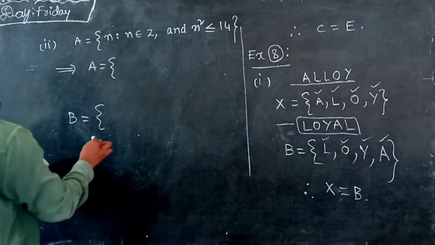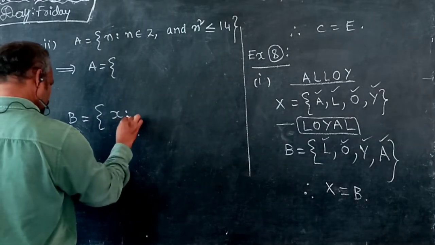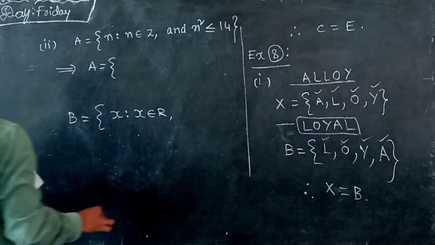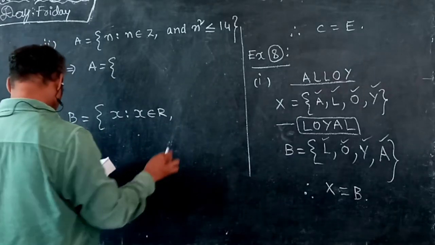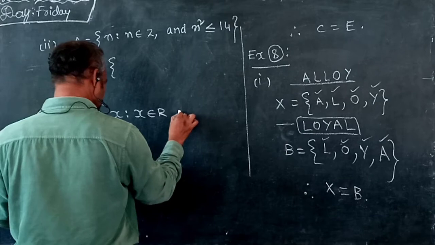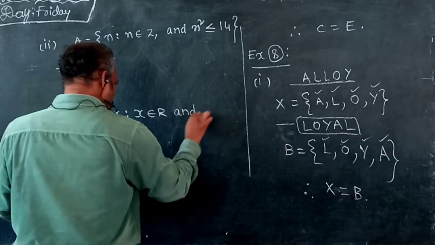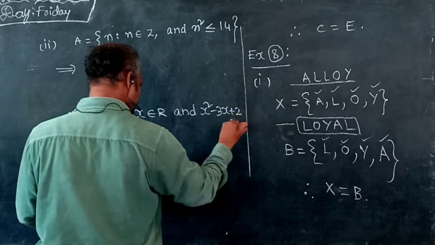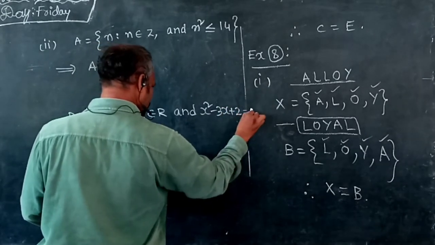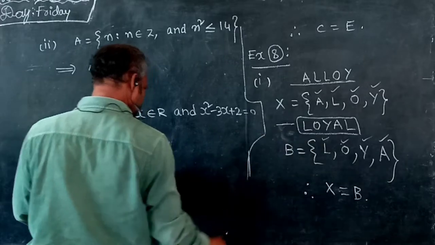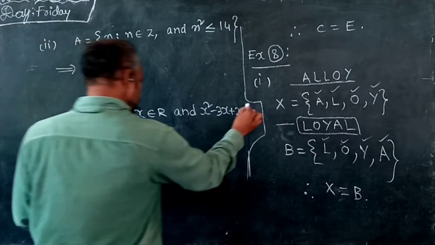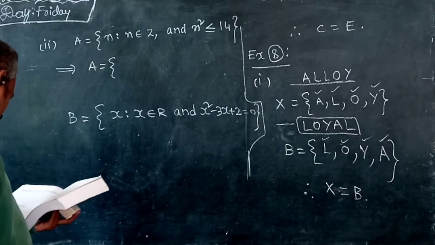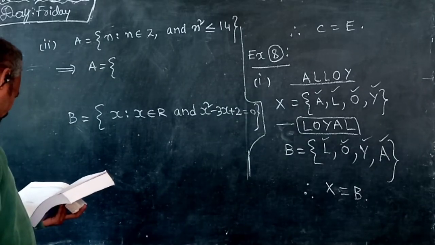B is the set of x such that x belongs to R and x square minus 3x plus 2 is equal to 0.